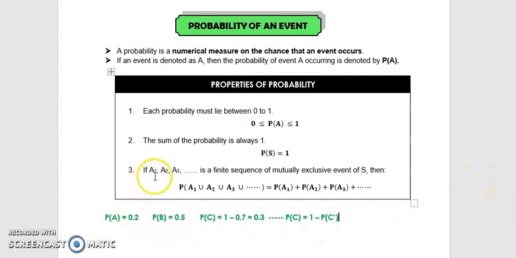Then if A1, A2, A3 and so forth is a finite sequence of mutually exclusive events of S, then probability of A1 union A2 union A3 and so forth will be equal to, since union means we apply the addition rule, probability of A1 plus probability of A2 and so forth.